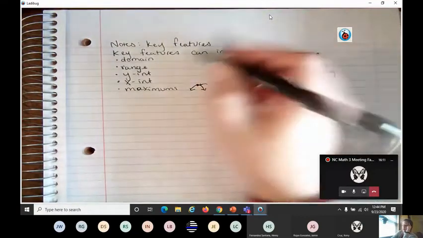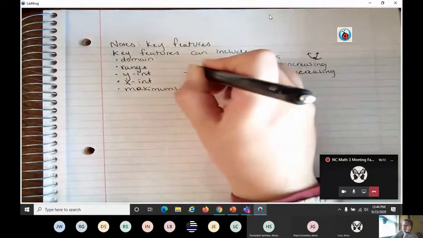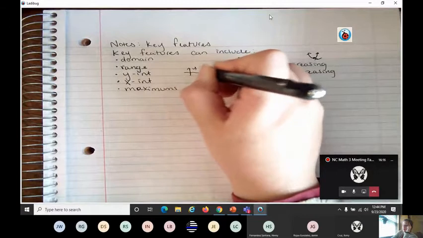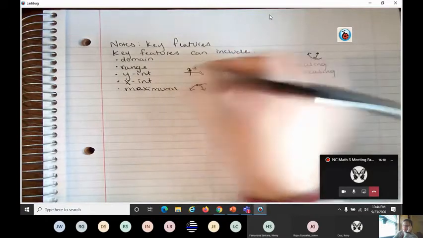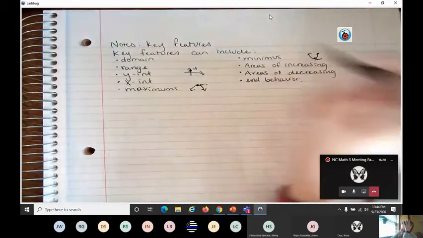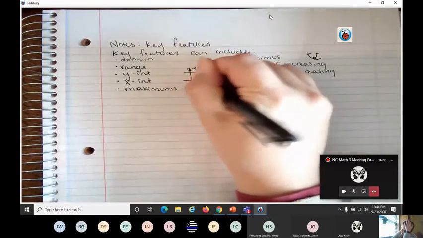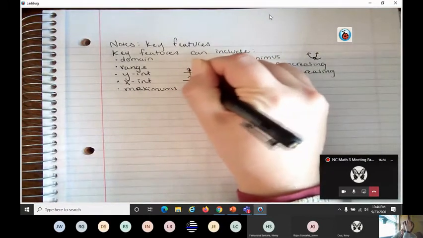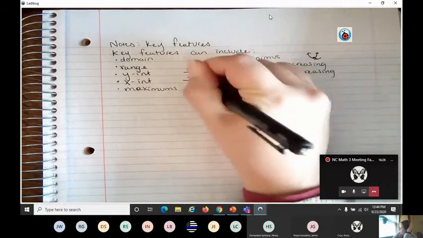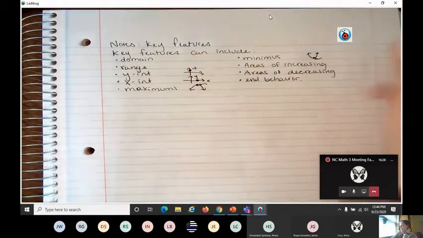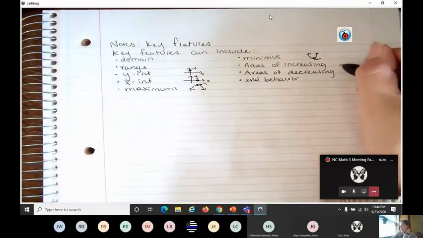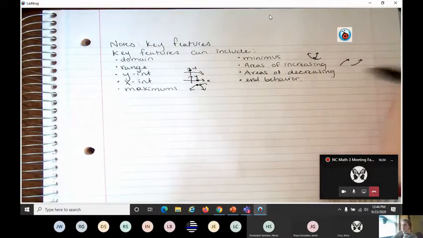Okay. Y-intercepts are going to be where it intersects the y-axis. X-intercepts will be where it intersects the x-axis. Areas of increasing are when it's going up. It could be going up like this or up like this, and we always move left to right.